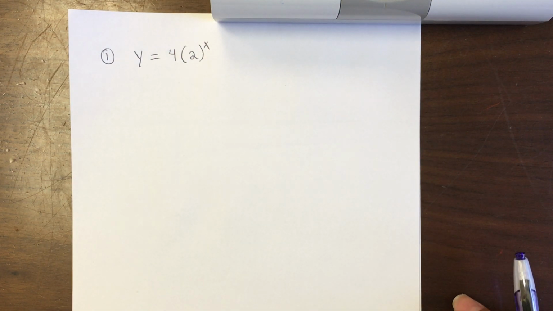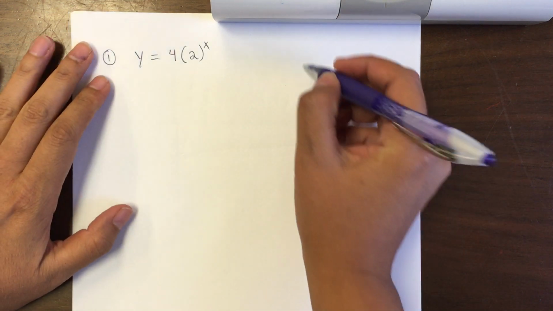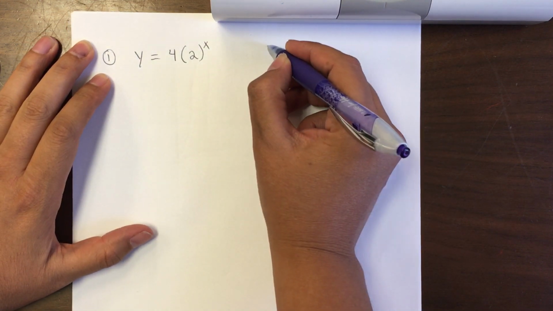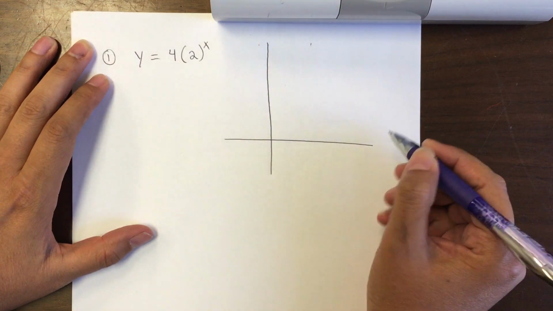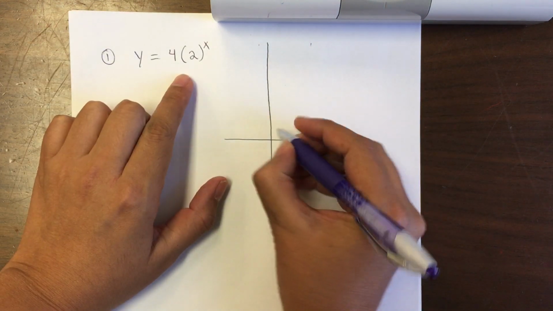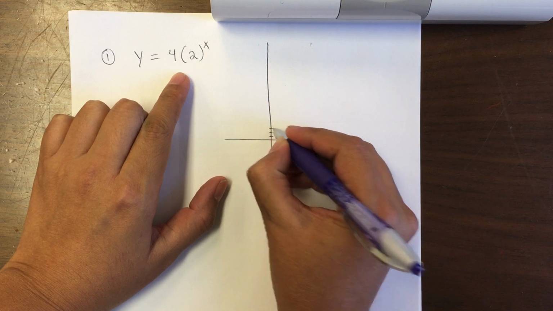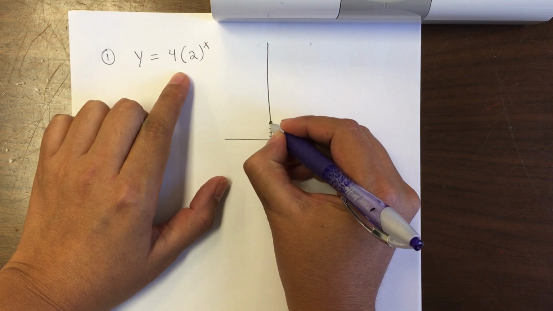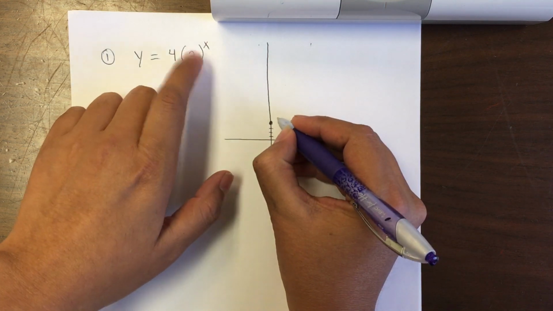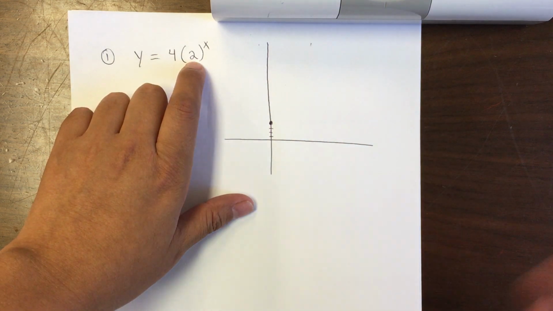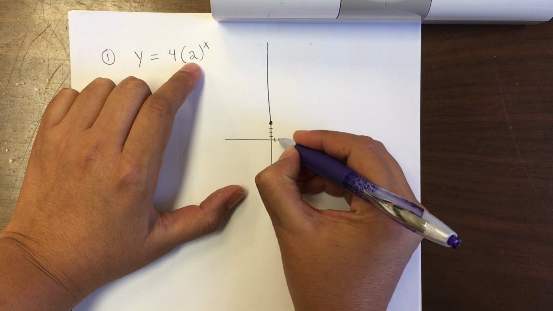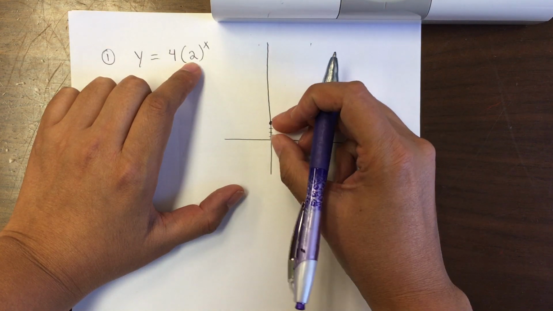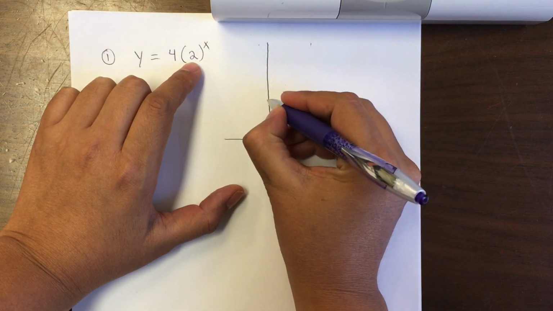Okay, so the sketch for this would be something like this. My initial point is at 4, so 1, 2, 3, 4. And then it says double it. Times 2 means twice as much, so double it. For 1, double 4 would be, and it's just going to be a sketch.